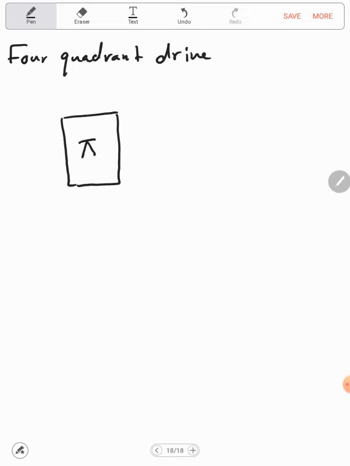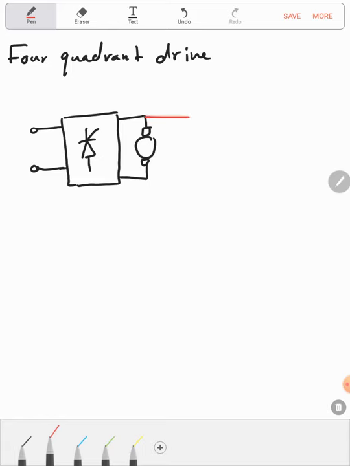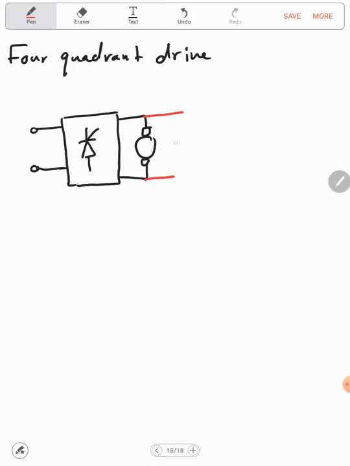For simplicity, let's assume that here I'm having a single phase full wave rectifier, and this one here is connected to the armature. Now I will connect another converter, but this one in the opposite direction, in anti-parallel direction.